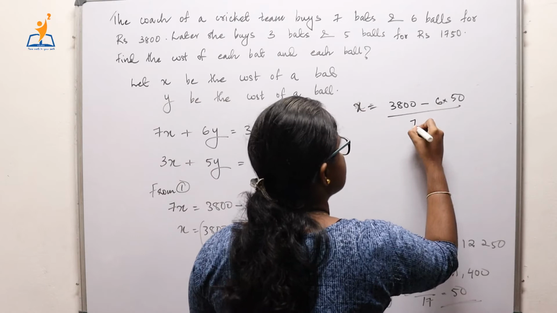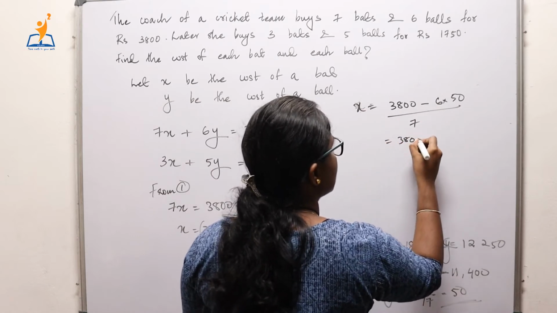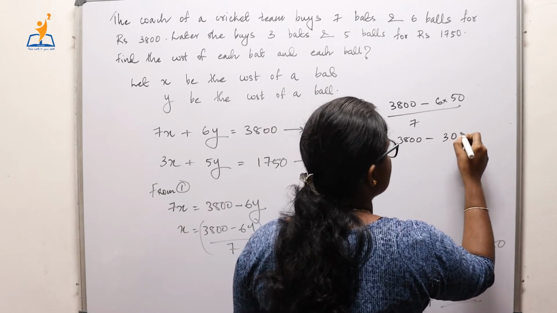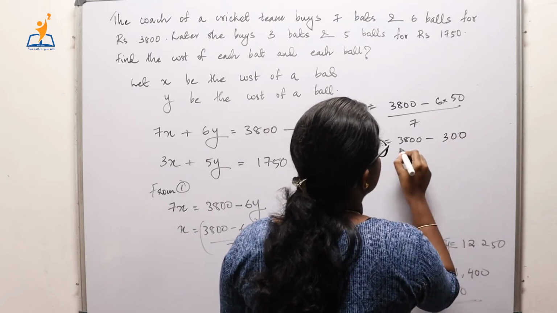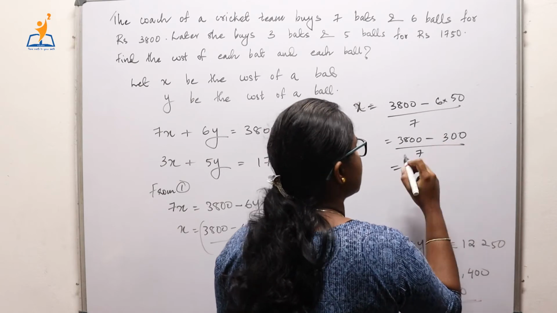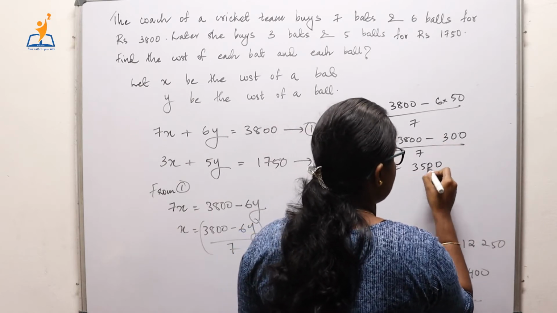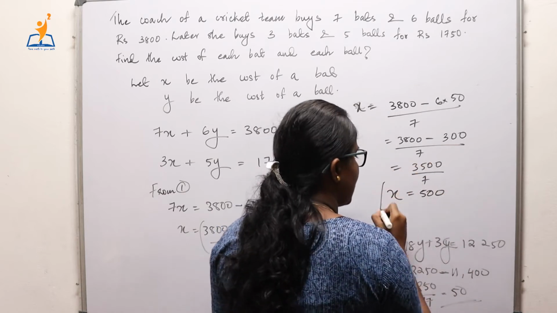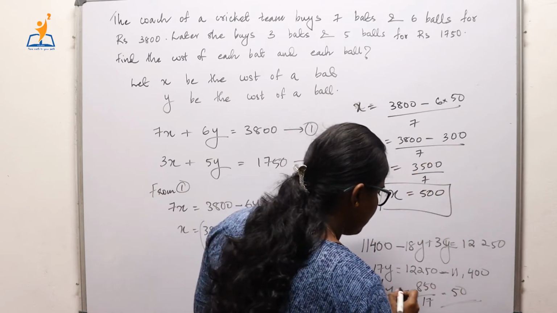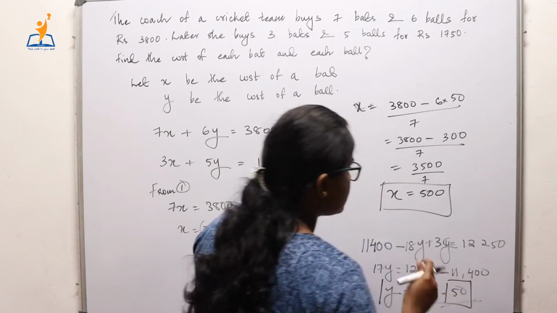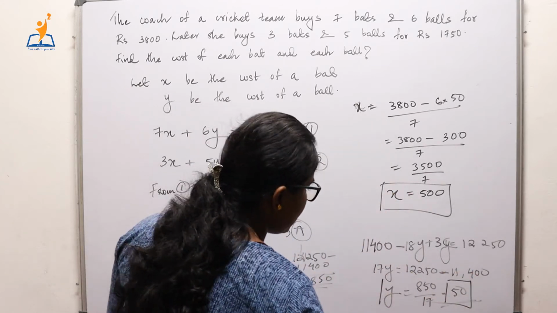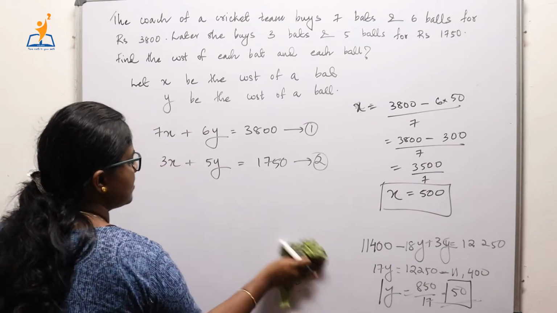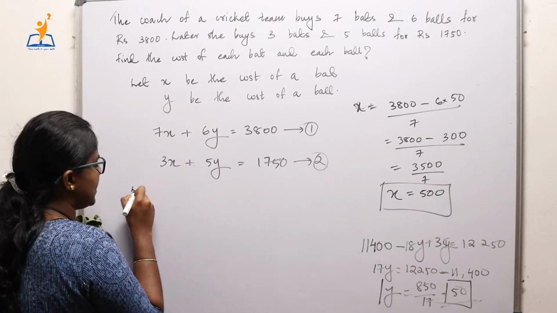Now 3,800 minus 6 into 50, 6 5s are 30, and it is 300, divided by 7. 3,800 minus 300 is 3,500 divided by 7, that is 500. So we got x is equal to 500 and y is equal to 50. We will go for the verification part, and the verification is like this. We can take the LHS.